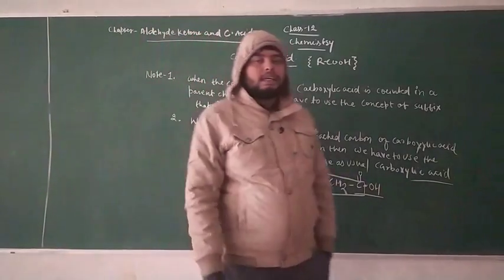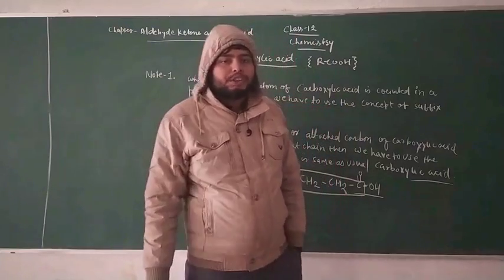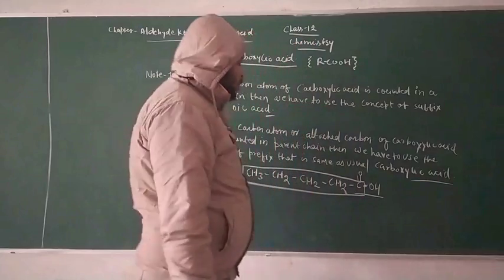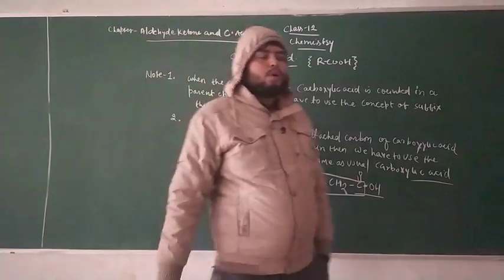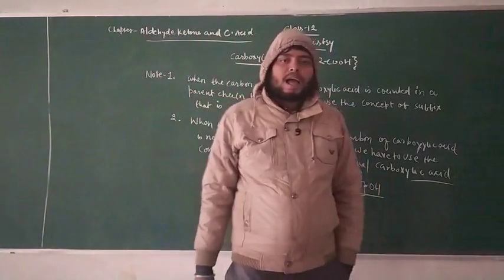After selecting the parent chain, our next rule of IUPAC is the concept of lowest locant. Our priority is first the functional group, and the carboxylic acid has the highest priority.